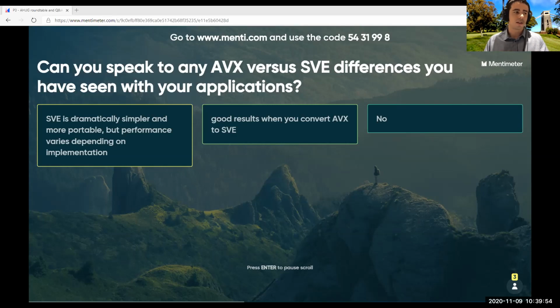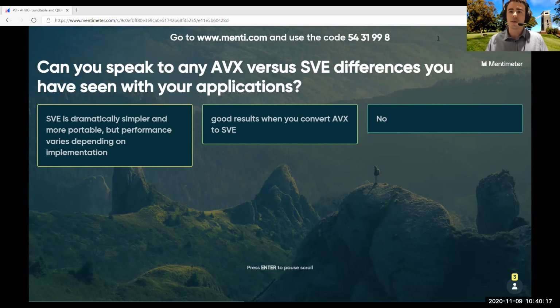I also don't want to speak too much of performance at this point because that is still quite early. We have done some experiments with A64FX. If you've been to one of the other sessions, you'll have seen a talk by Simon showing some of the results we had. These are sometimes good, sometimes bad, and I think the compilers are now at the stage where they can use SVE to vectorize loops, but they can improve in the quality of the code they generate.